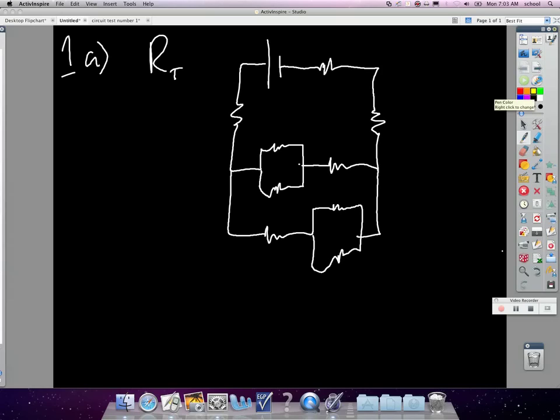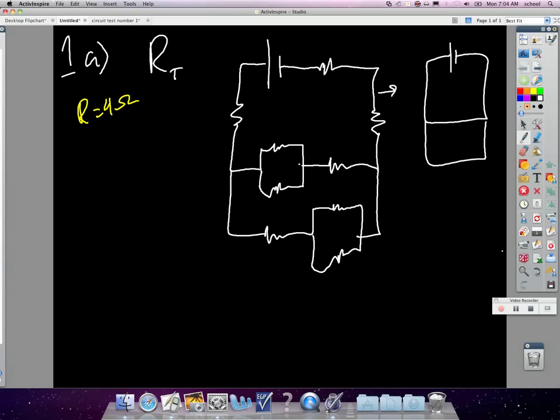When I shrink it, it looks like this. That's still 4, 4. This becomes 2, 4, 4, 4, and 2.